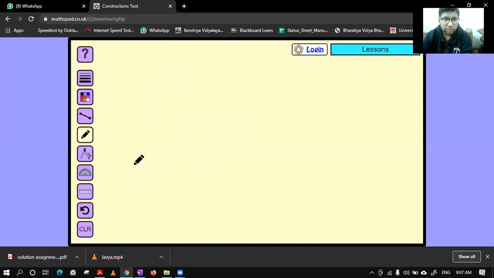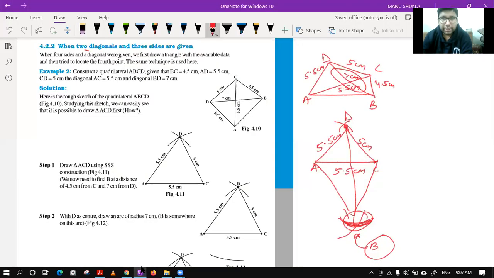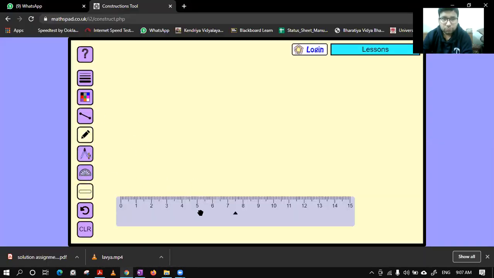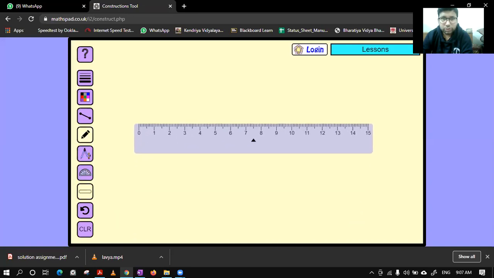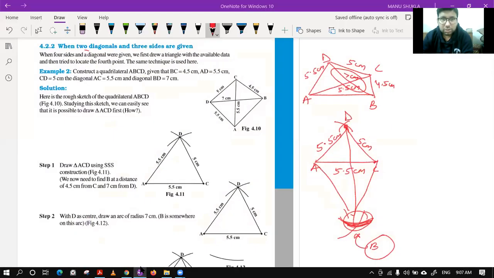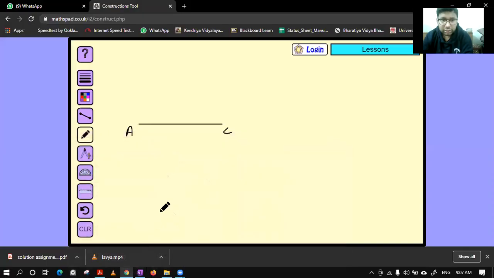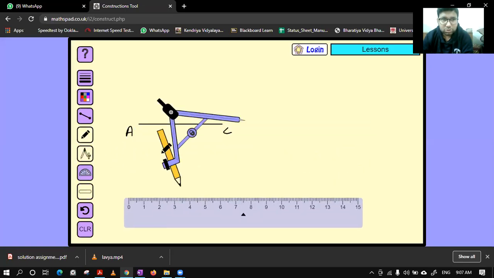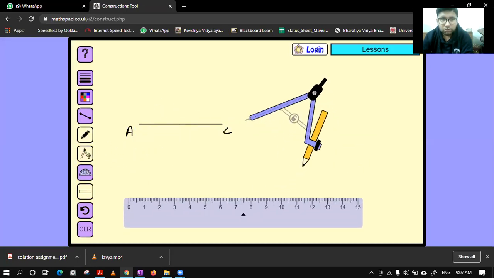Okay, clear. So first thing is we will draw AC equal to 5.5 centimeter, and call it AC. The next thing we have to do is we will take an arc of 5.5 centimeter from A. So you will say, taking A as center and a radius of 5.5 centimeter, we will draw an arc.